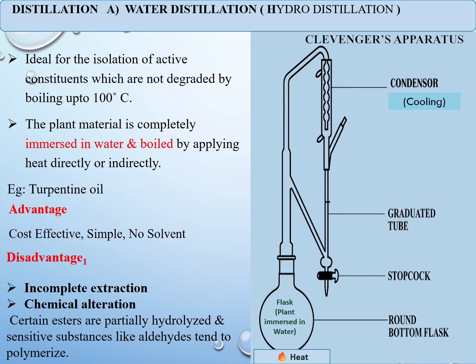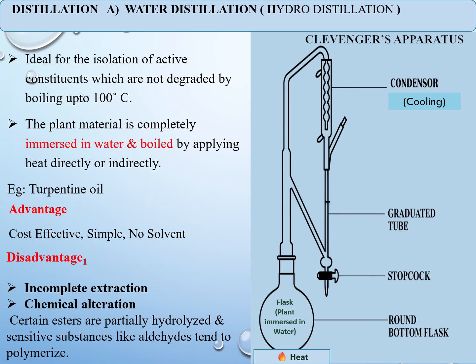Then the next one is chemical alteration. That means the volatile oil is a mixture of so many chemical constituents, which includes mainly the terpenes, aldehydes, esters, etc. So what happens is, when we are boiling the plant part, there are chances for the active constituents like esters and aldehydes which are present in the volatile oil to get degraded or hydrolyzed.